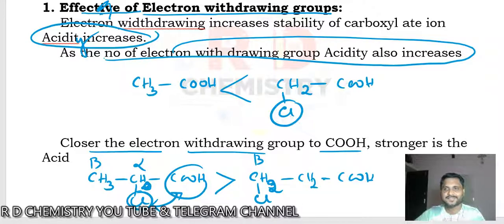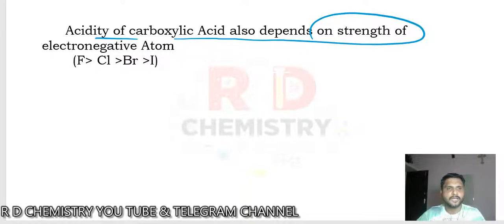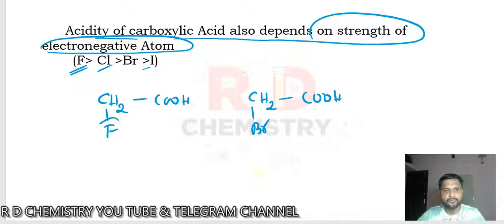Okay, right? Acidity of carboxylic acid also depends on the strength of the electronegative atom. Remember, fluorine is more electronegative compared to chlorine, bromine, iodine. So suppose I take fluoroacetic acid and compare with, say, bromoacetic acid, which has the more electronegative atom? Here, fluorine. So it will be the stronger acid. Okay, right?